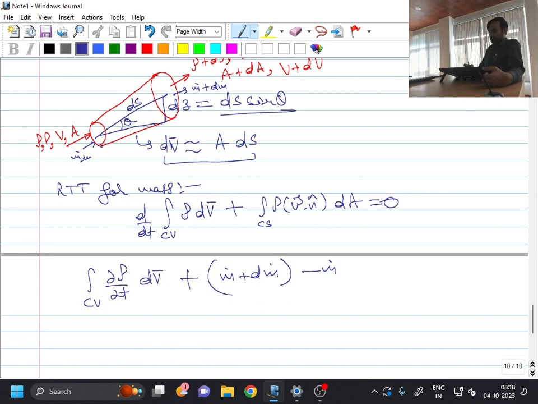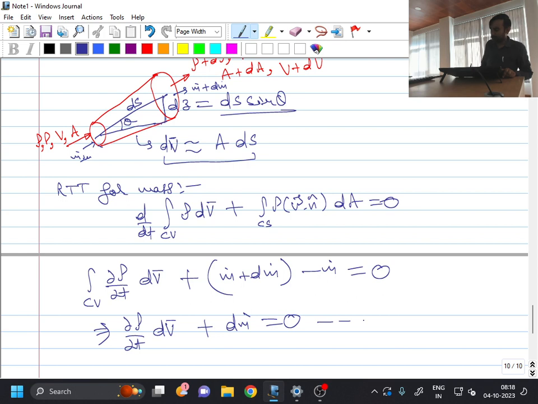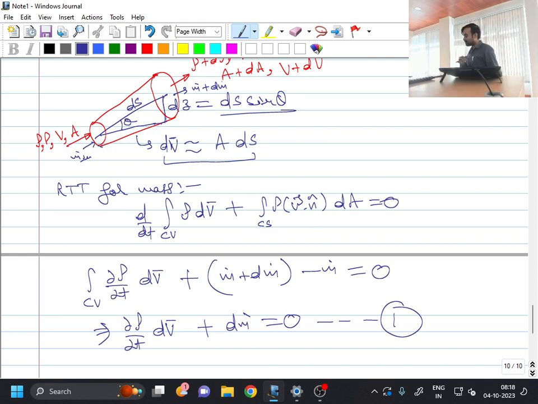So this must be equal to 0. Because I am integrating over the volume of the stream tube, this integral will form del rho by del t into dv bar only, and plus, with m dot cancelled, dm dot equal to 0. So this is my conservation of mass principle along the streamline.